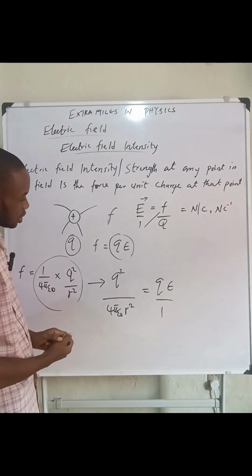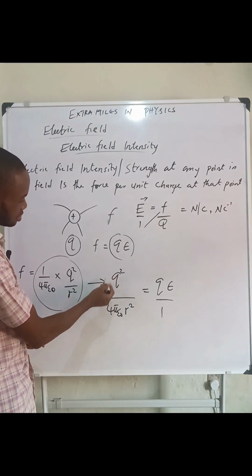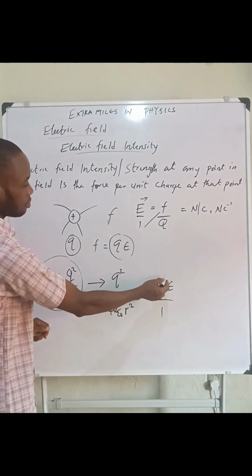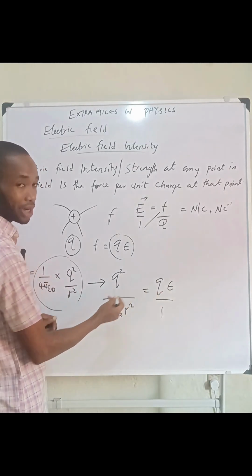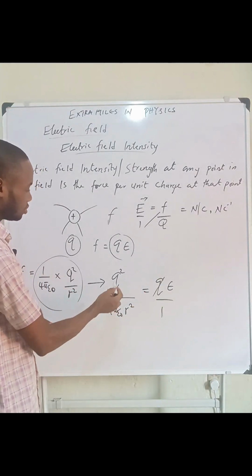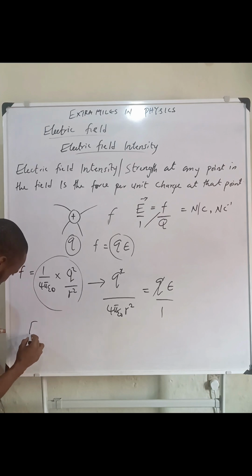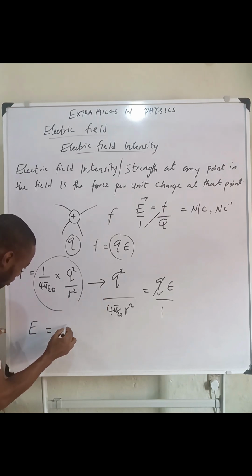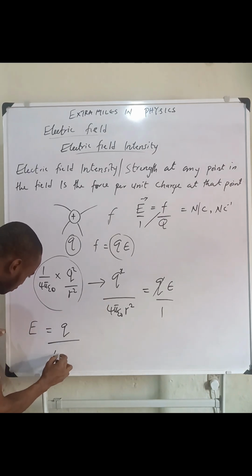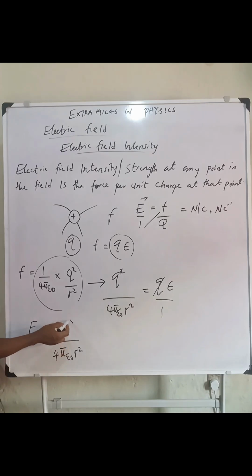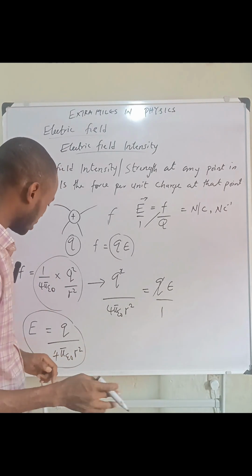Since this equals this, like terms can cancel out. What is common here and here? That is charge. So this charge can cancel one here. What am I having remaining? My electric field intensity equals charge all over 4 pi epsilon naught R squared. So this becomes another formula you can use to solve for electric field intensity.